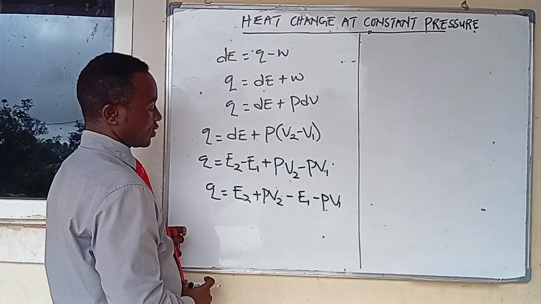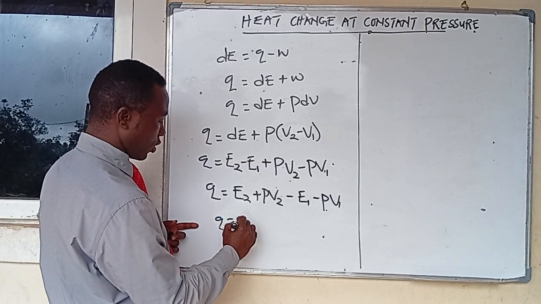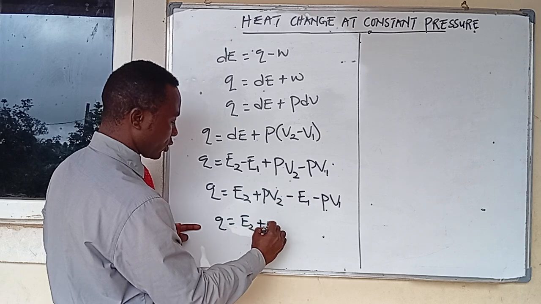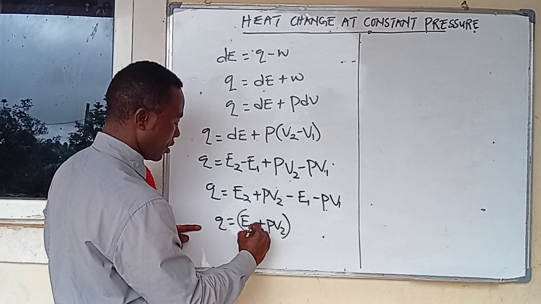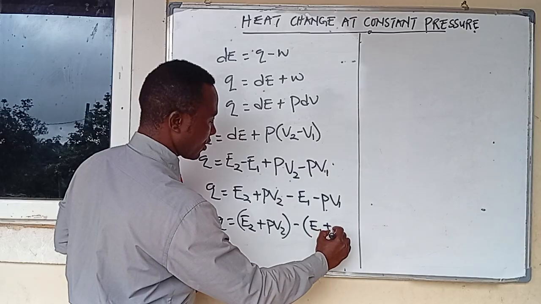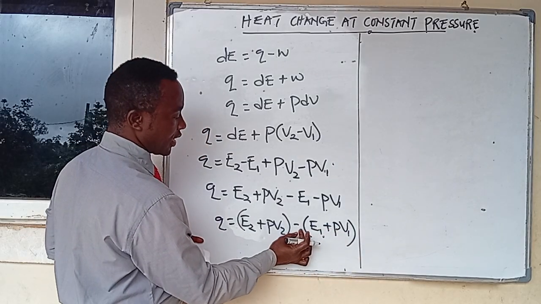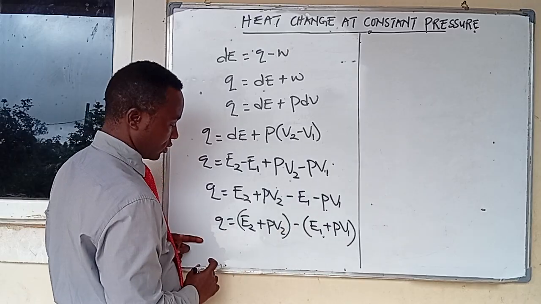Now if you look at this, you find out that our Q will become E2 plus PV2, then minus, you have E1 plus PV1. Remember, when you use your negative to open the bracket, you go back to this.